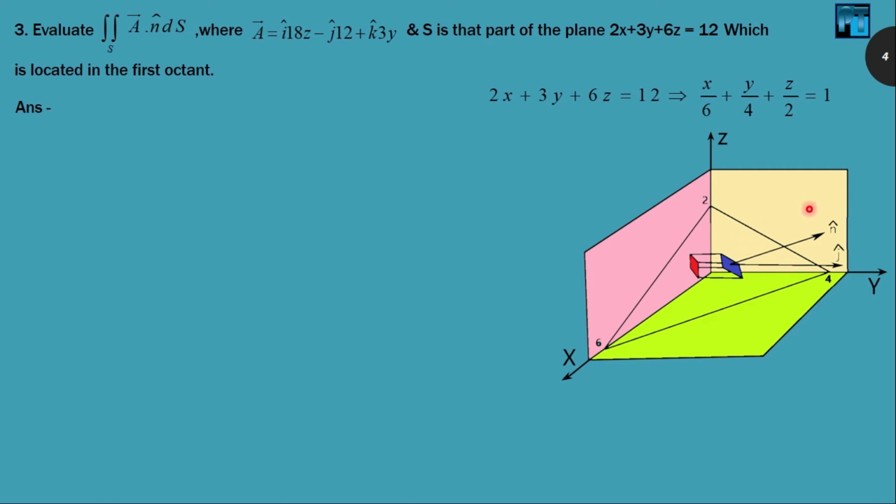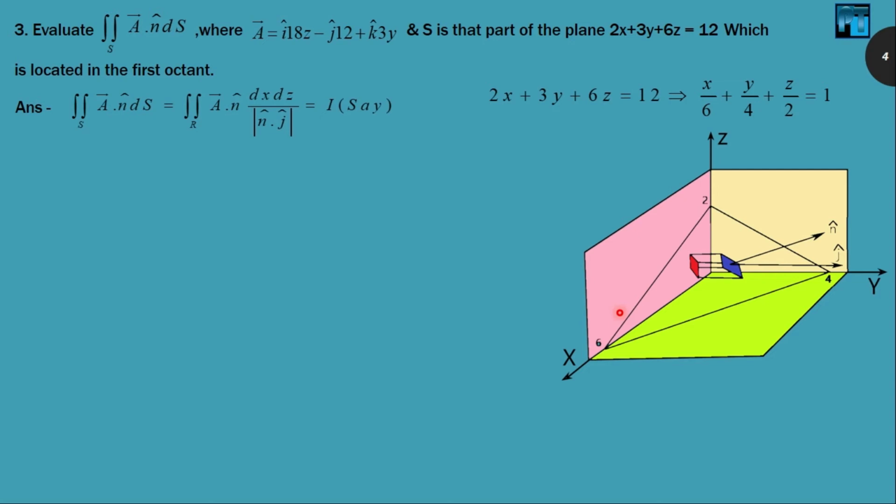So you are free to have any projection at any surface. Since we are dealing with the first octant, all the coordinates are positive, so we are within the first small cube of the octant.